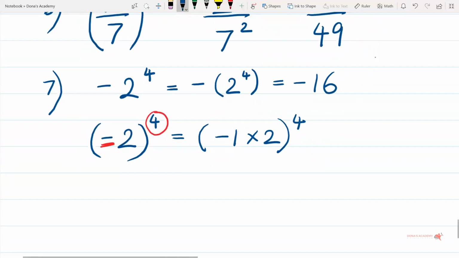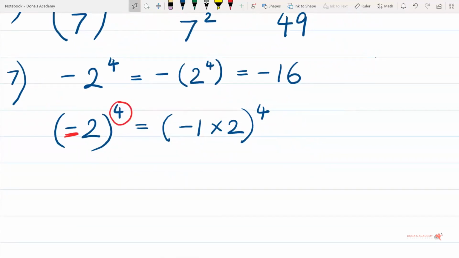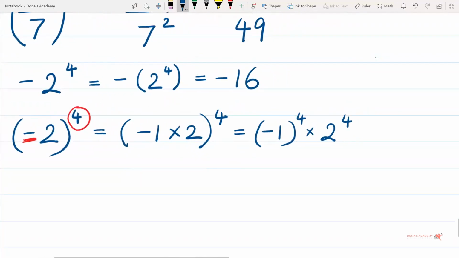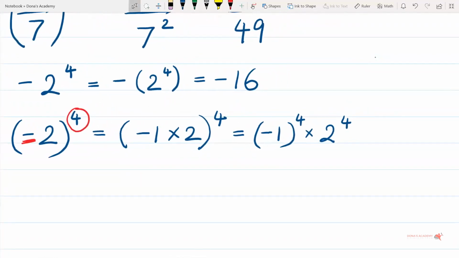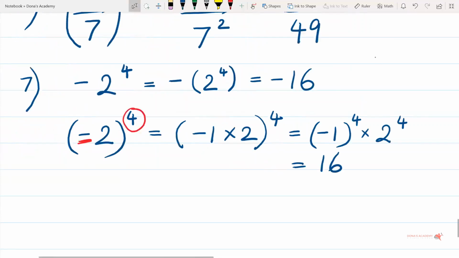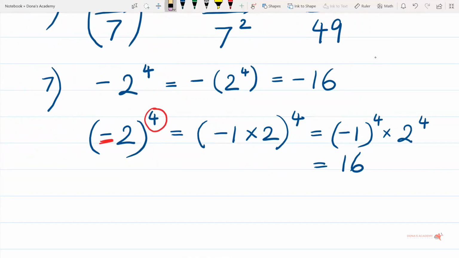Now we can use the ab to the power n rule. This is same as negative 1 to the power 4 times 2 to the power 4. Now what is negative 1 to the power 4? Remember that any even power of negative 1 is always positive 1. So in this case, this is positive 16. So if you see parentheses like this, then it is positive.